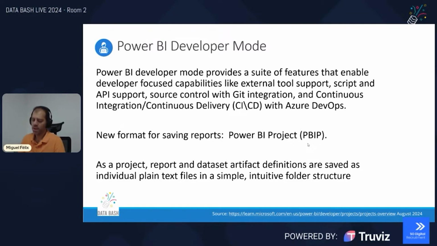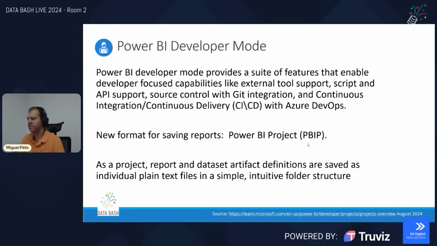So instead of having a single file that is only opened through Power BI Desktop, when we store the information in this PBIP format, we get a bunch of files inside a folder, and they are editable through Notepad, or through any text editor that you want.